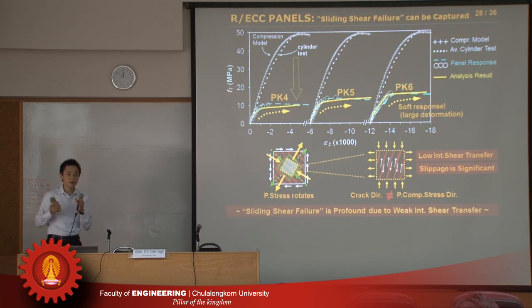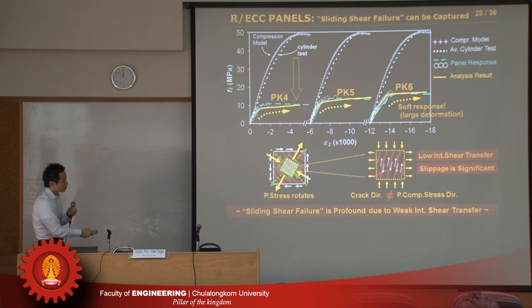However, after the cracking, we have an anisotropic stress field, and we have the crack, and compression stress is applied. The sliding occurs on the crack. So the slip of the crack is very significant.